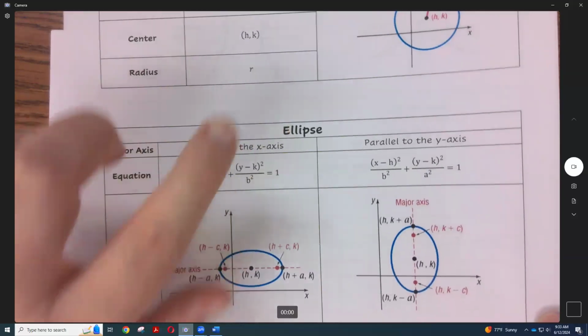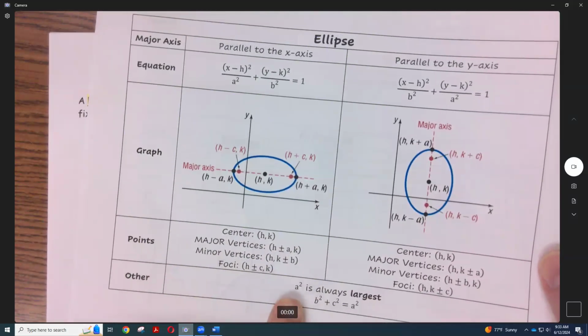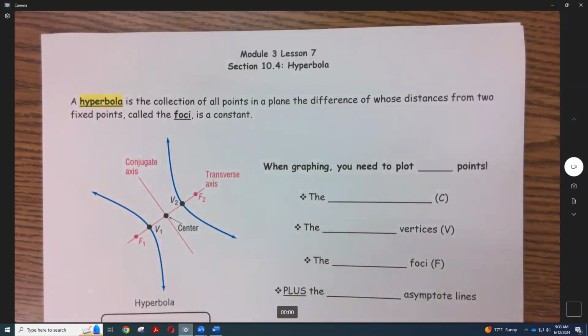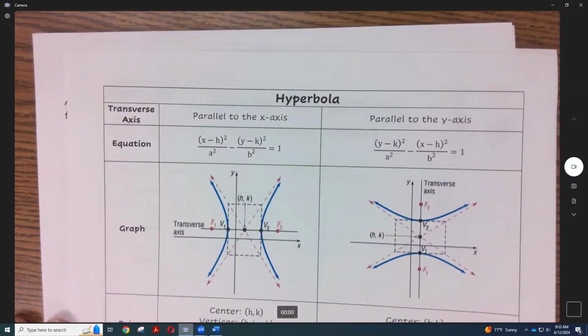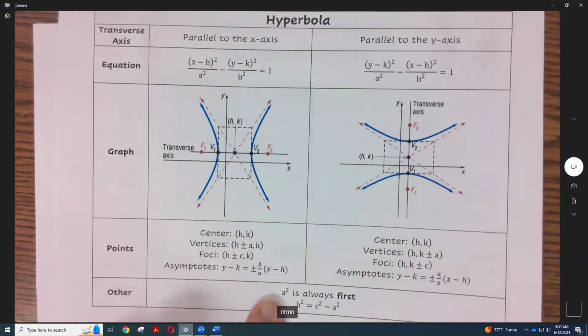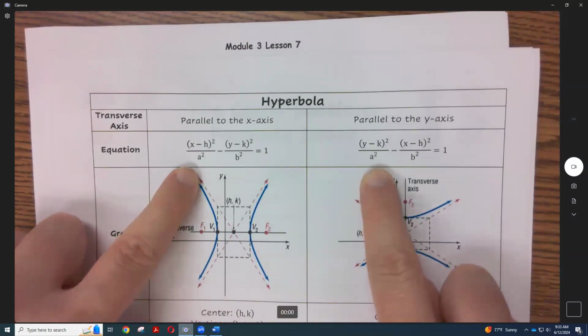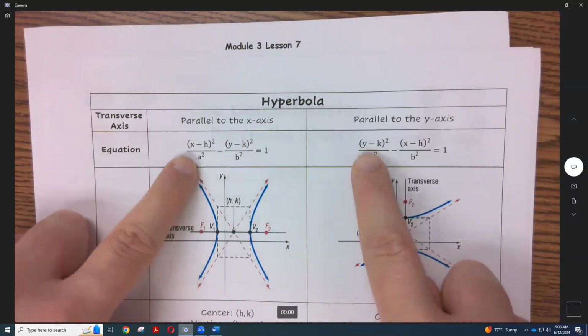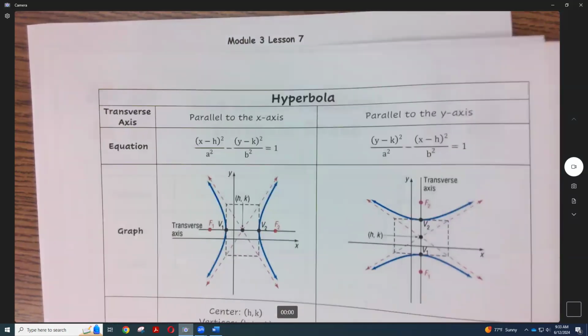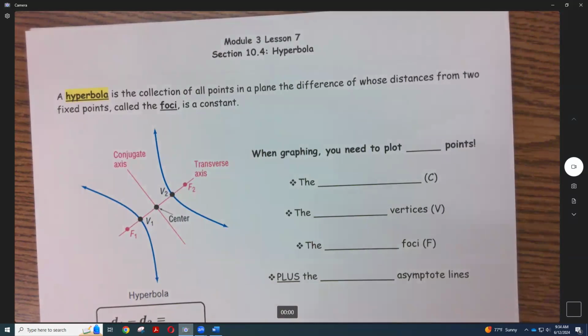When you have an ellipse, I make a note that your a² is always the largest. And then when you look at your hyperbola, I make a note that your a² always comes first. So it doesn't change. What changes is the x and y.